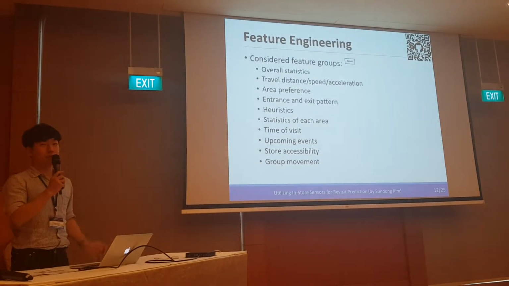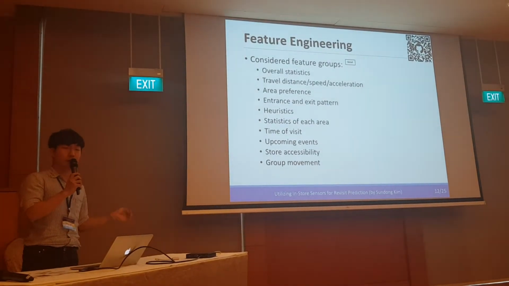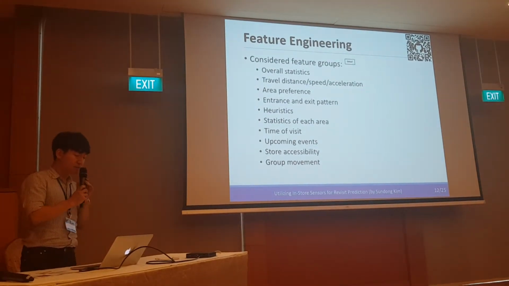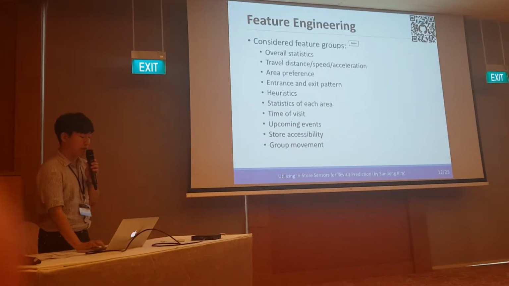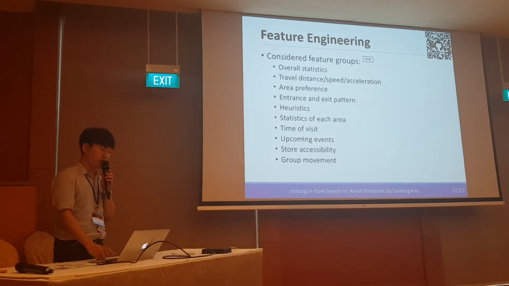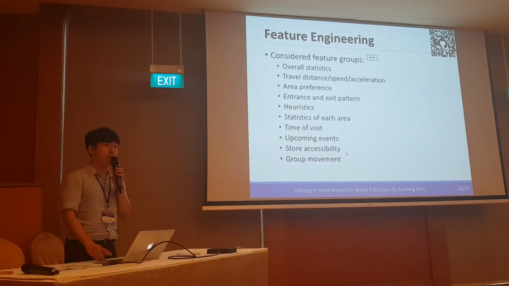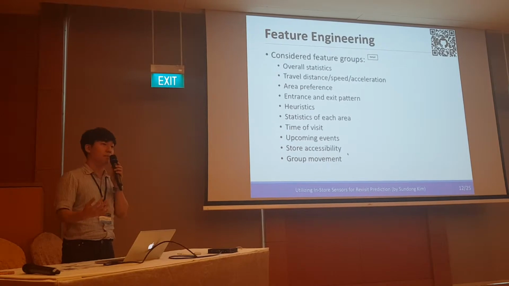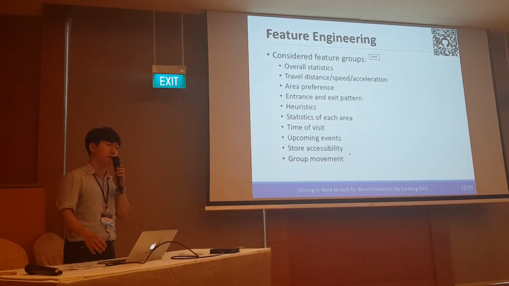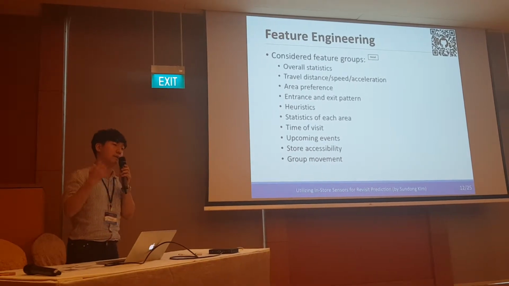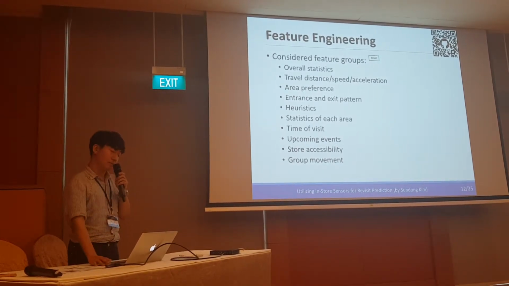So we developed some heuristic features in order to capture the characteristics of the customers. And we also put in the time of visit, upcoming events of a certain store, store accessibility, and group movement. Some people might visit the store by themselves, however, some people visit the store with their friends, and we can get that data by using the Wi-Fi signals.